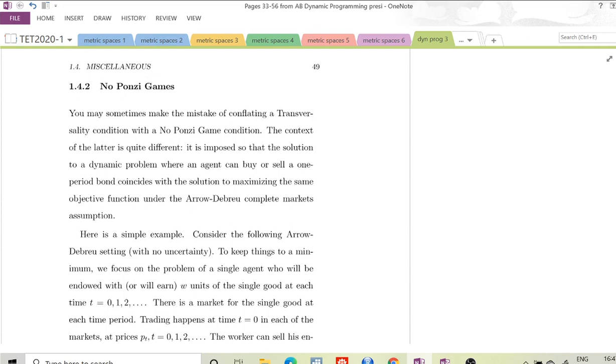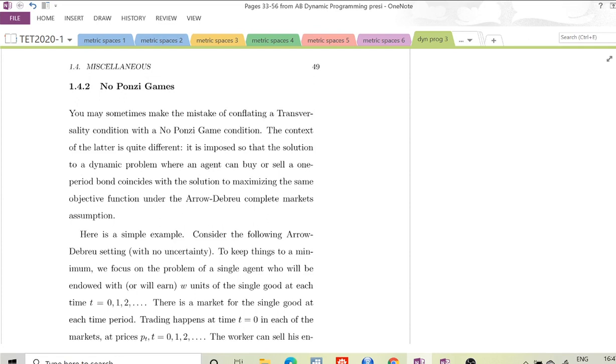An Arrow-Debreu general equilibrium is something like that, where people choose. Let's take the consumption problem of households in Arrow-Debreu. Consumers choose what to consume at each time period. If there's uncertainty, they choose what to consume at each dated event, time period crossed with realized state.